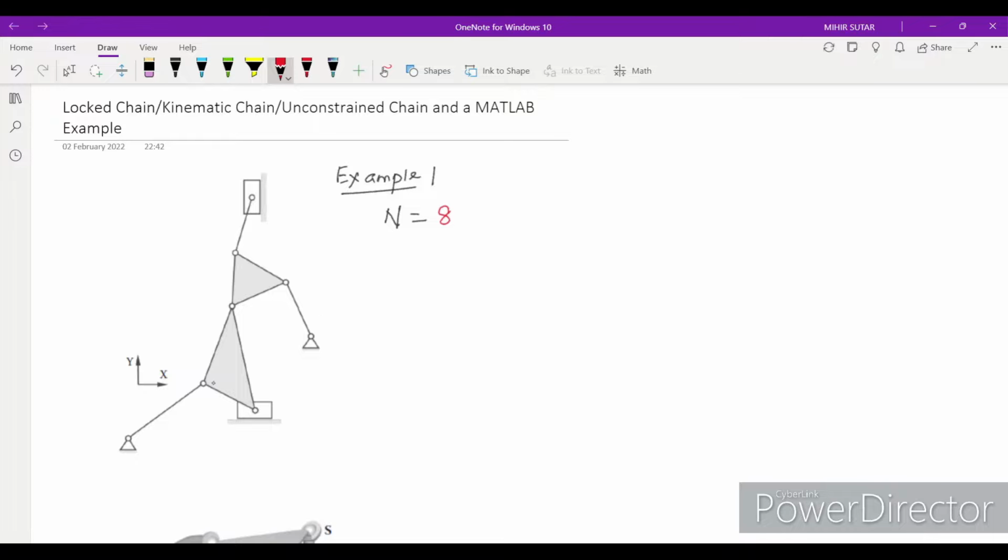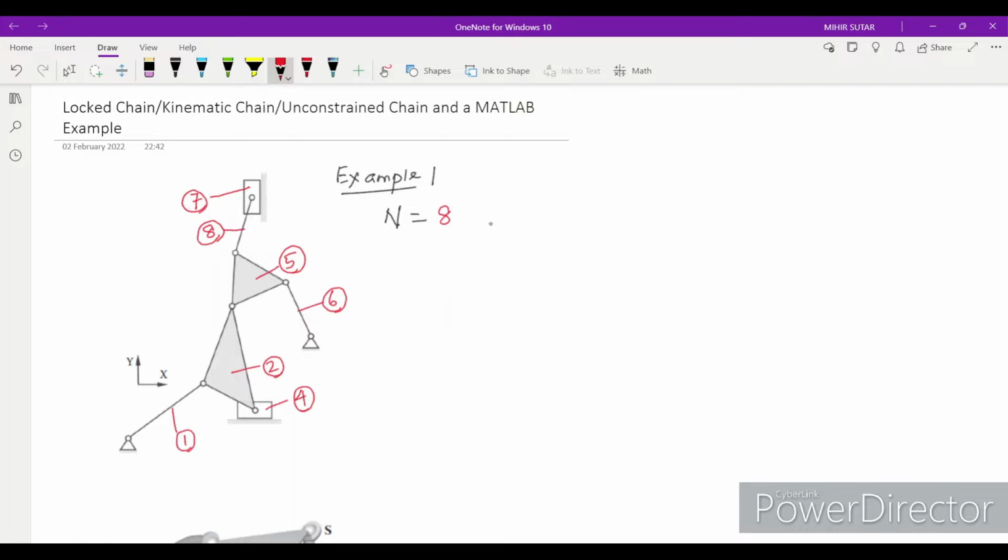How? Let's say this is link 1, this is a ternary link 2, this is link 4, this one is link 5, link 6, link 7, link 8. So here you can see there are 8 links.